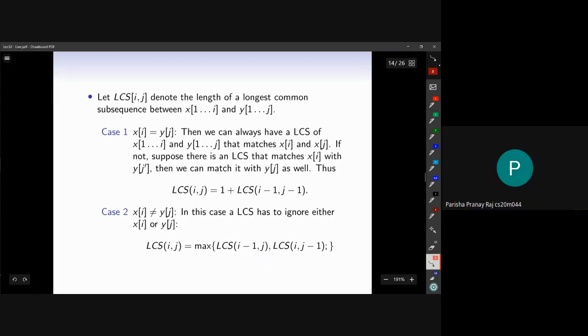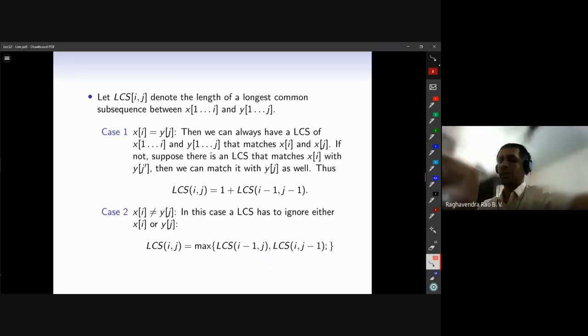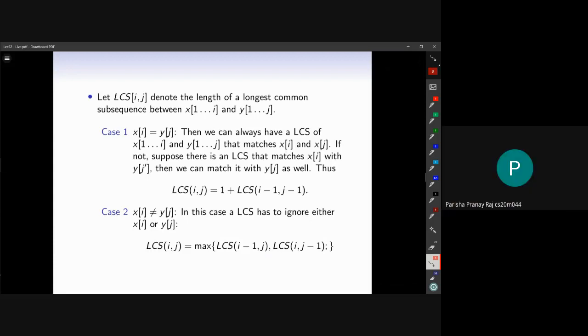That condition is not lost. So ignoring both is not lost. Both of them have that as a sub-instance, right?